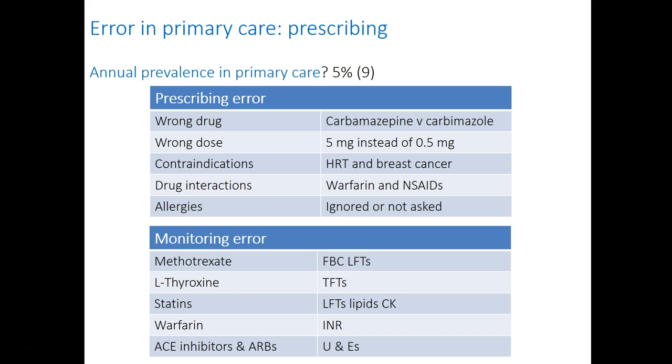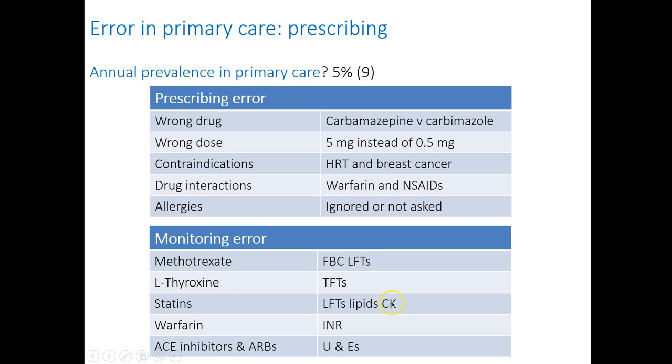For example, methotrexate is potentially quite a toxic drug, although also quite effective, but it needs monitoring regularly every 2 months with full blood count and LFTs. L-thyroxine needs thyroid checks regularly. Statins need to have LFTs done pre-starting and during their usage, and also lipid levels for control.